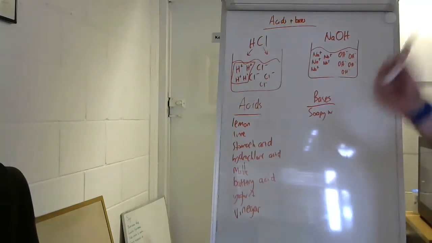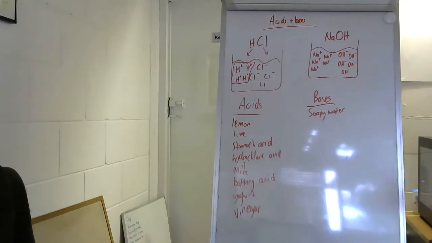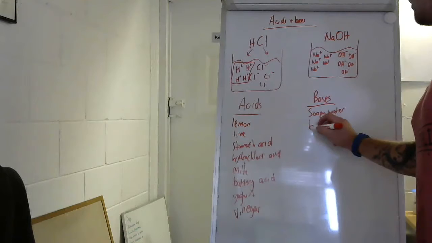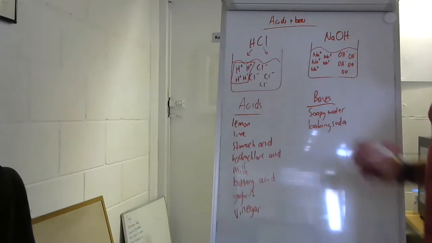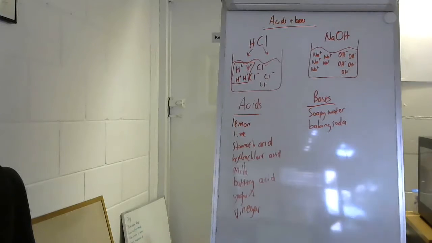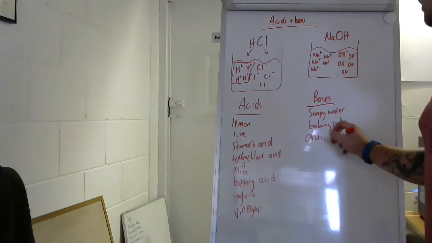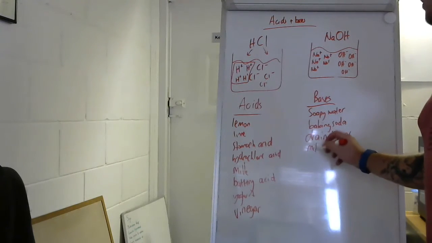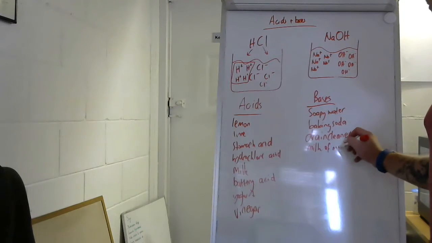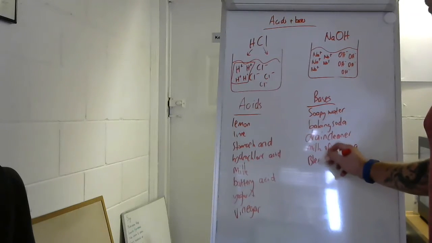Okay, bases: soapy water, baking soda, drain cleaner, which is sodium hydroxide, milk of magnesia, which is like bath salts, and bleach.